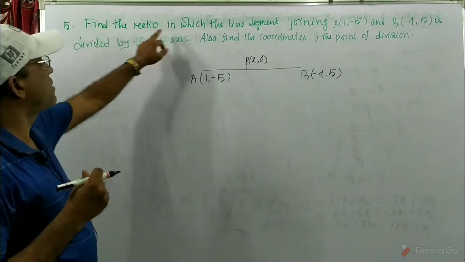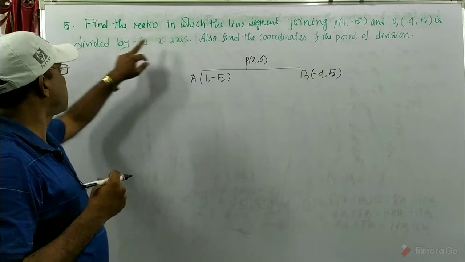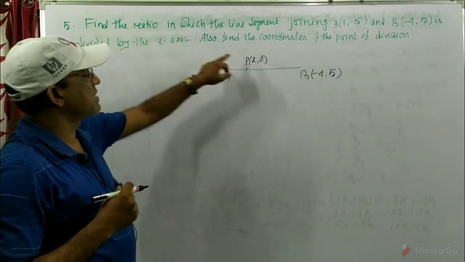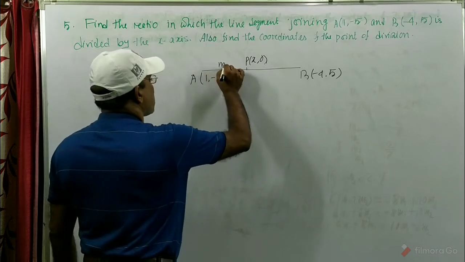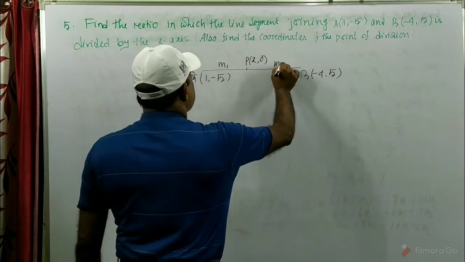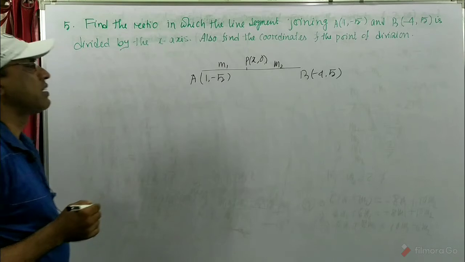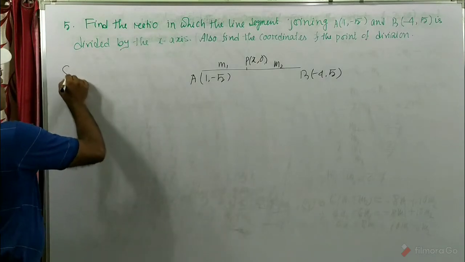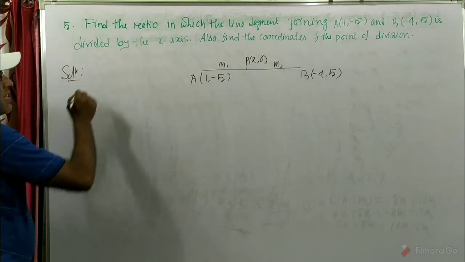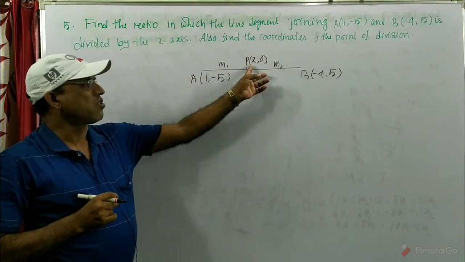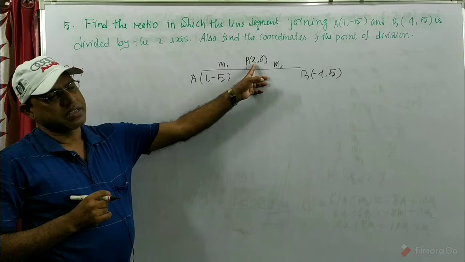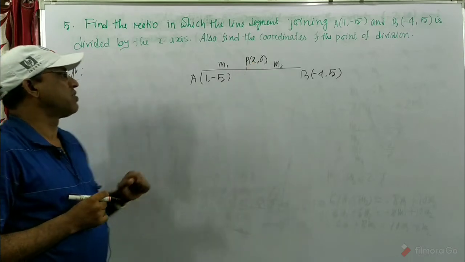Here the ratio in which the line joining the points is divided by the x-axis, x-axis means x comma 0. You have to remember this, and we consider the ratio m1 is to m2.